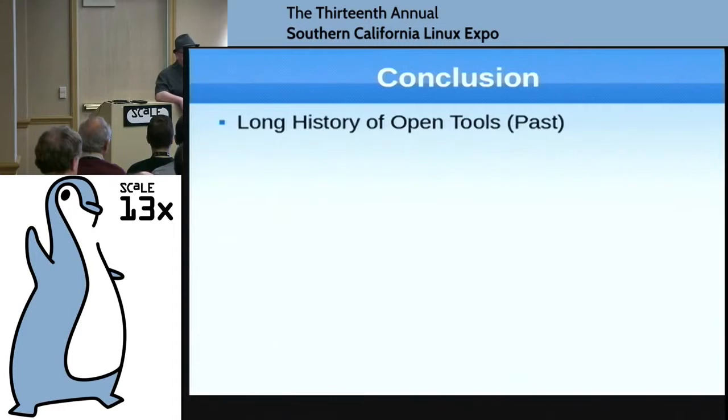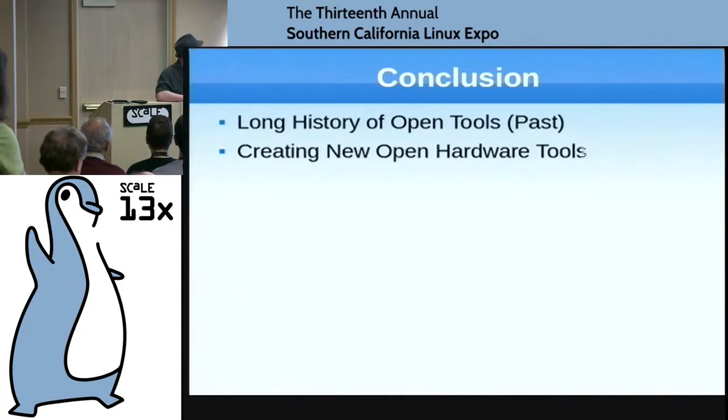So I've rushed through a lot of this and wanted to give you a really good background and everything. So we've talked about a little bit of history in the fact that open hardware tools is not something new. It's been going on a long time. We've just transitioned from creating lab equipment out of glass and pipe to creating tools out of PCBs and silicon so that we can do our own testing.